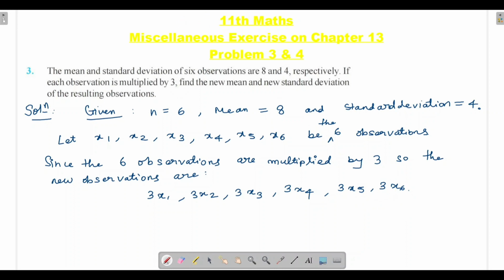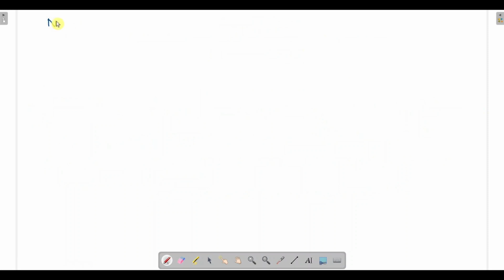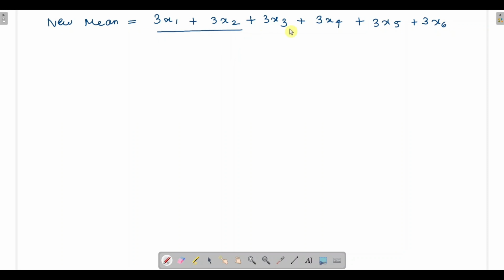Okay, now let us find the new mean first. The new mean will be nothing but the sum of the observations divided by the number of observations. So that is 3x1 plus 3x2 plus 3x3 plus 3x4 plus 3x5 plus 3x6 divided by 6.